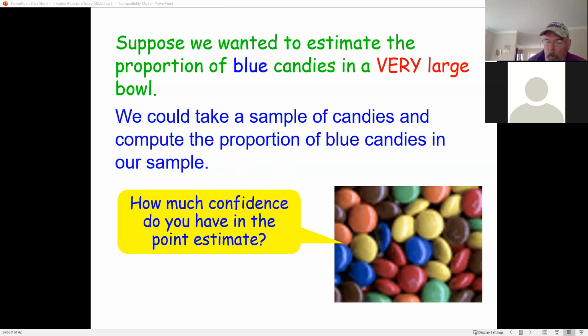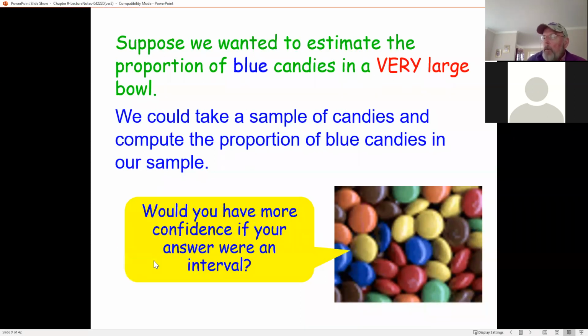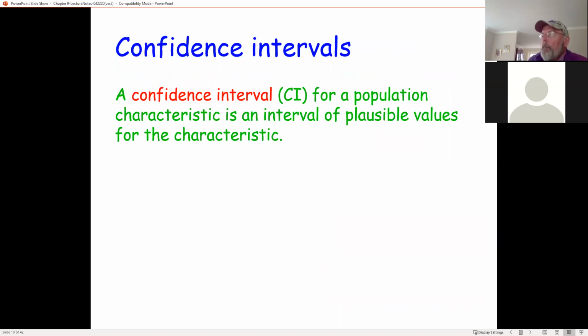Okay. So what would we want for this interval? Okay, so a confidence interval for a population characteristic is an interval of plausible values for that characteristic, okay?